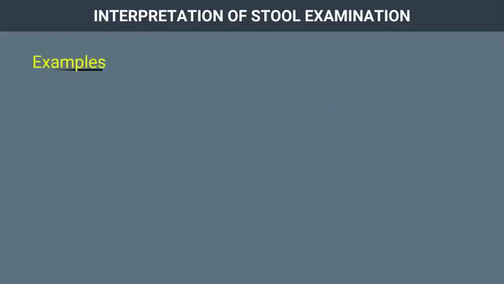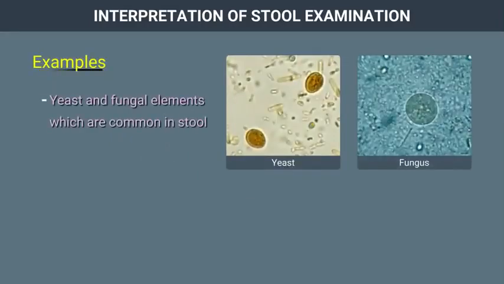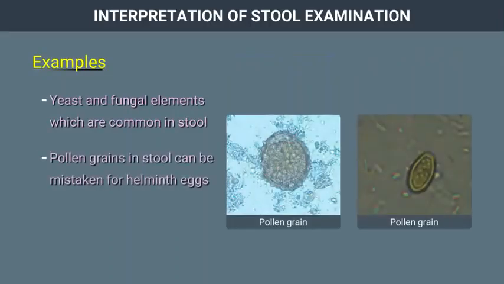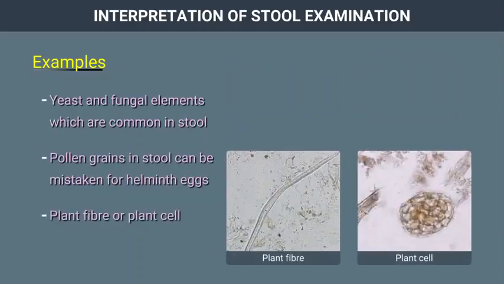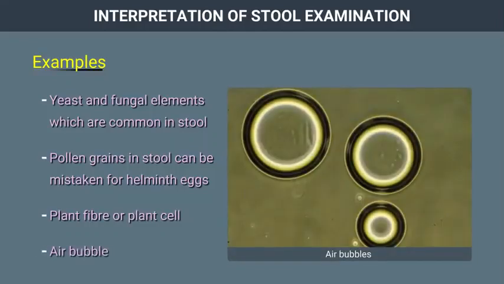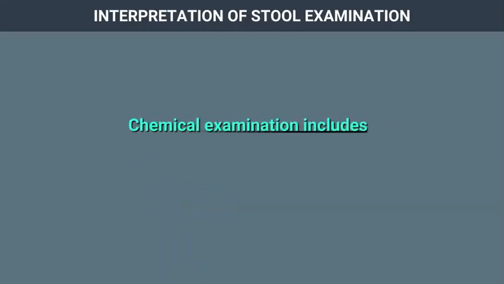For example, yeast and fungal elements which are common in stool, pollen grains in stool can also be mistaken for helminth eggs, plant fiber or plant cell, air bubbles, etc.